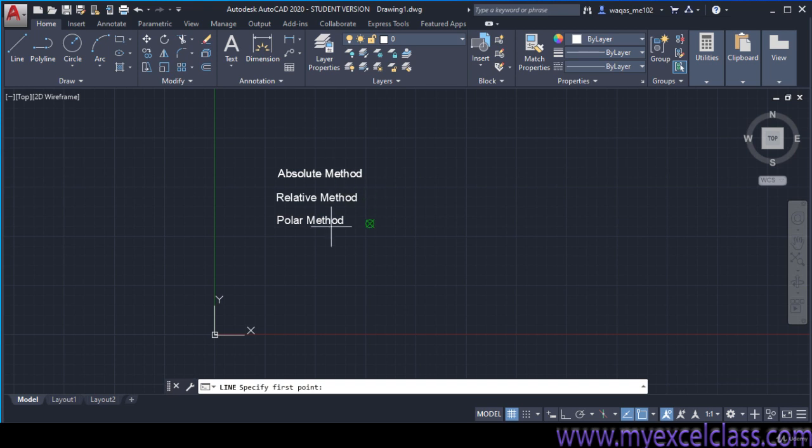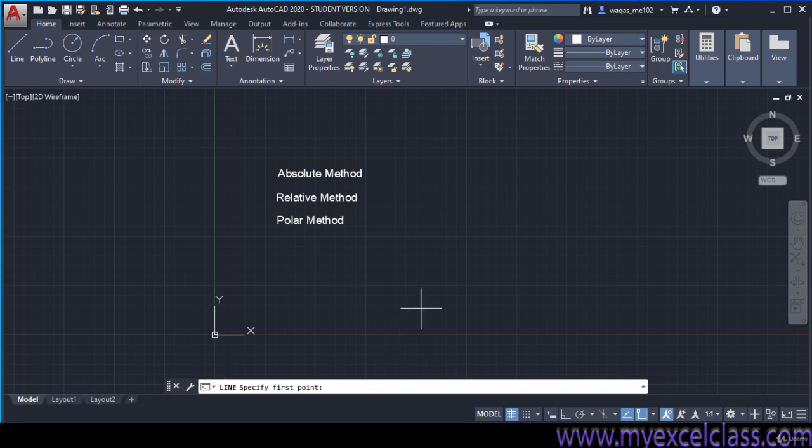Suppose I want a rectangle having a dimension of 10 on the x-axis and 5 on the y-axis. Means a rectangle having x-axis 10 and y-axis 5. So I will click the line command, or I will type line. Clicking line, it mentions to specify the first point.